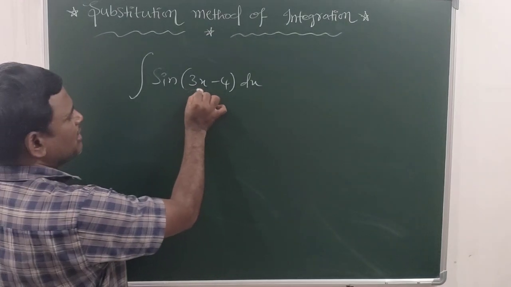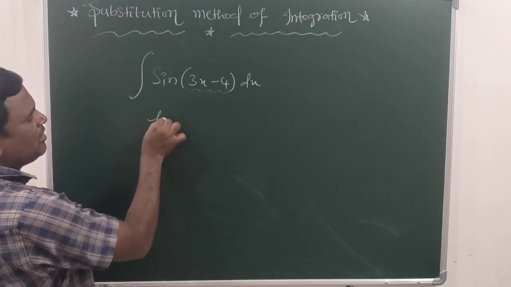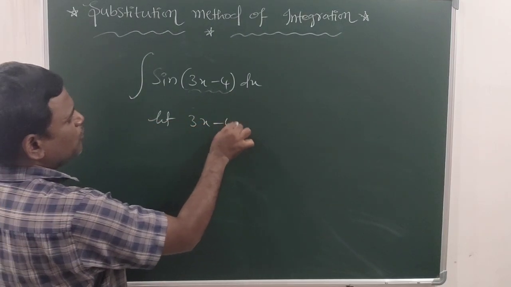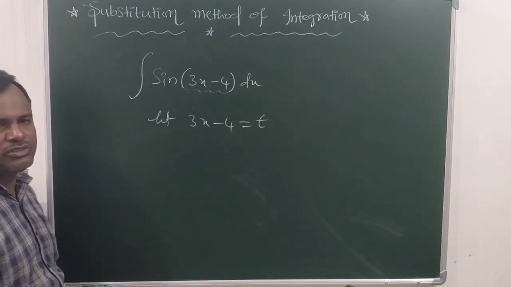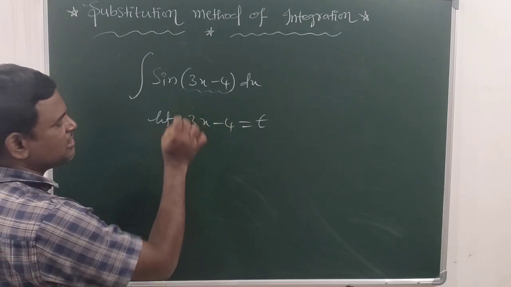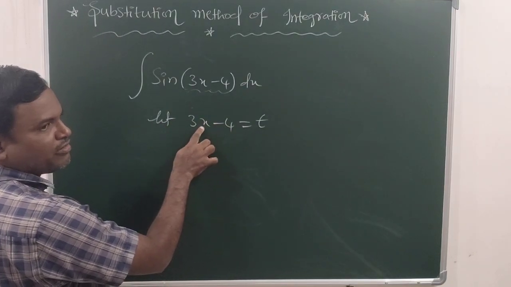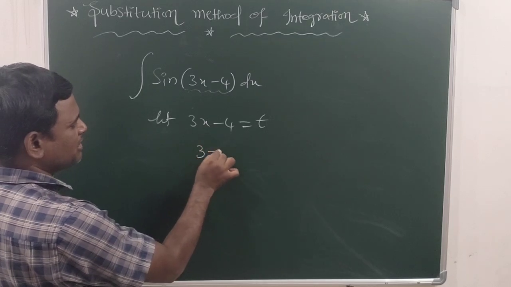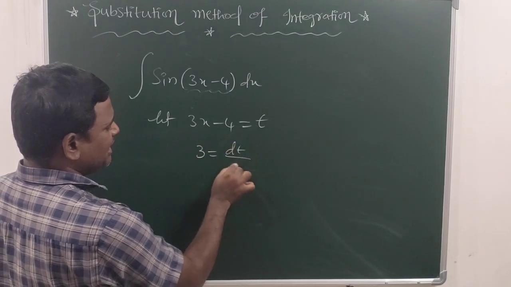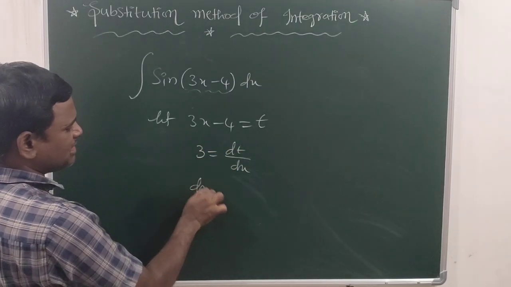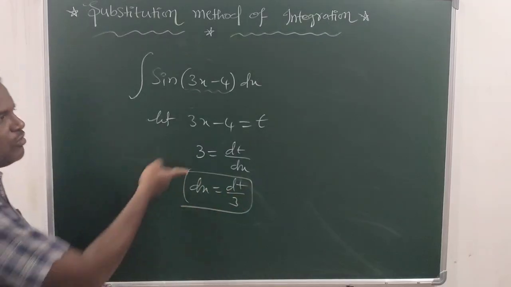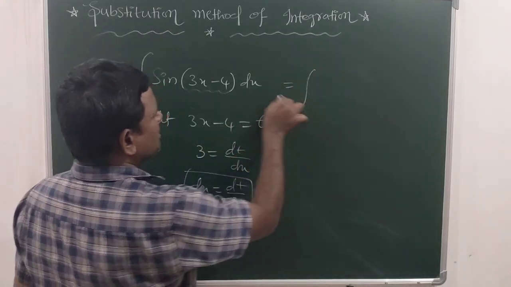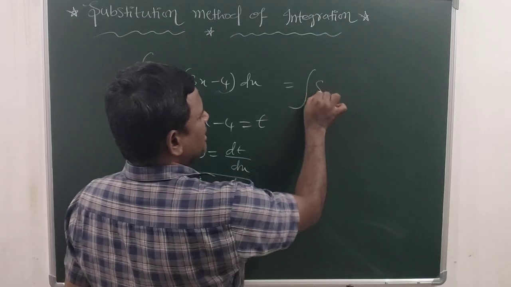So what is the substitution? See, 3x minus 4 equal to t. Now take the derivative on both sides with respect to x. This is going to be 0 and this is 1. So now 3 is equal to dt by dx. Now make dx the subject: dt by 3. Now go back, and in the place of 3x minus 4 write t.